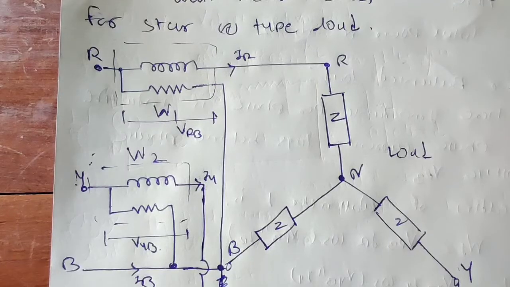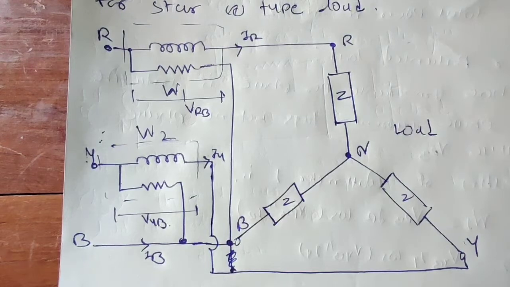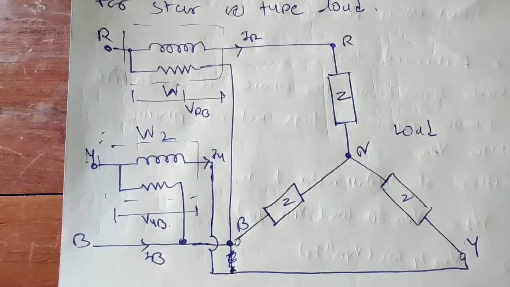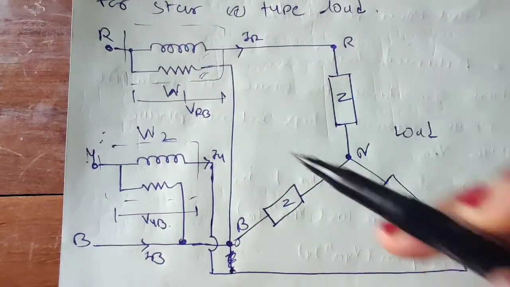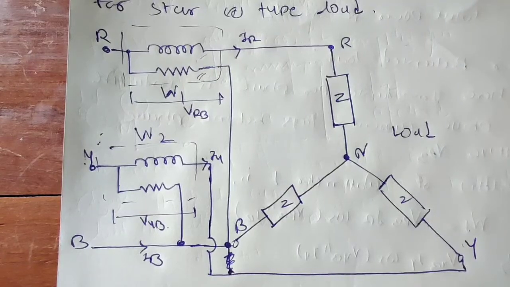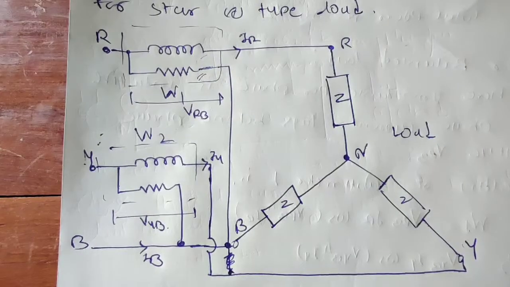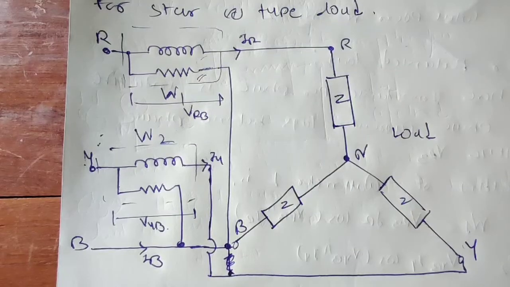Now the principle behind this connection: you observe the way in which the current coil and the voltage coil of a wattmeter are connected in the diagram. The current coils of the 2 wattmeters are connected in any 2 lines.